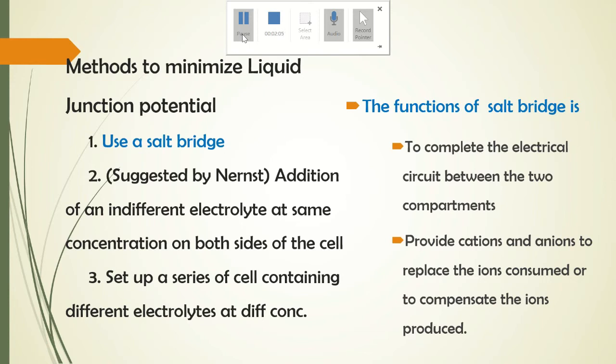Since the concentration is the same on both sides, the liquid junction potential will be small. Most of the ions will have the same concentration, and the liquid junction potential produced will be very small.